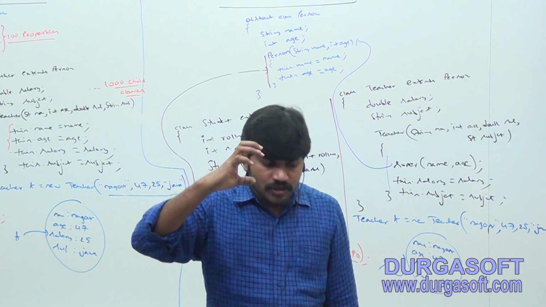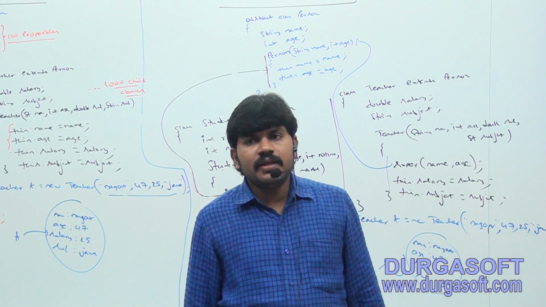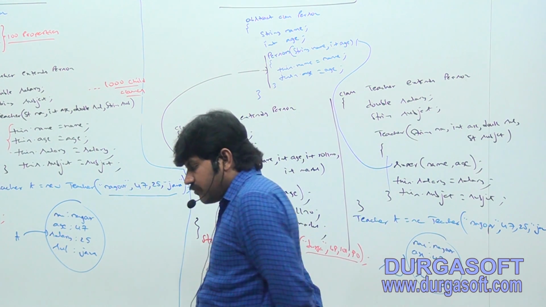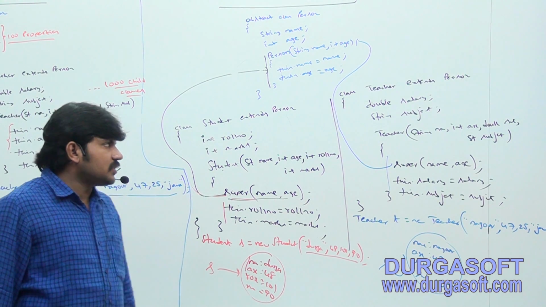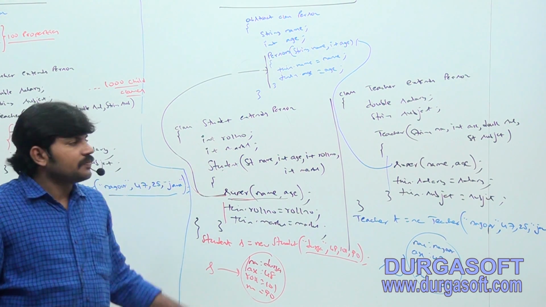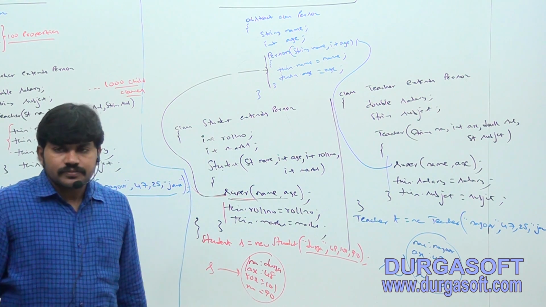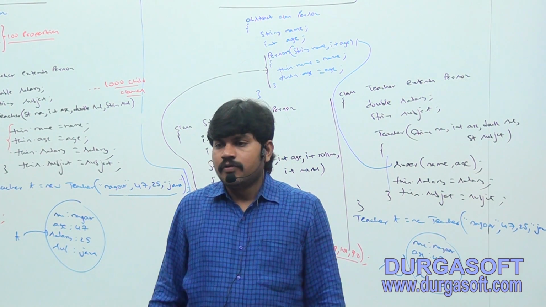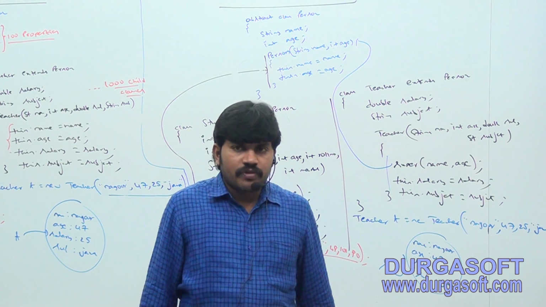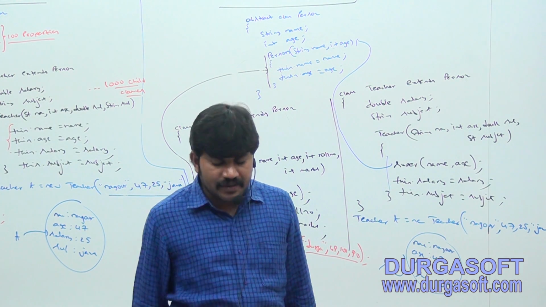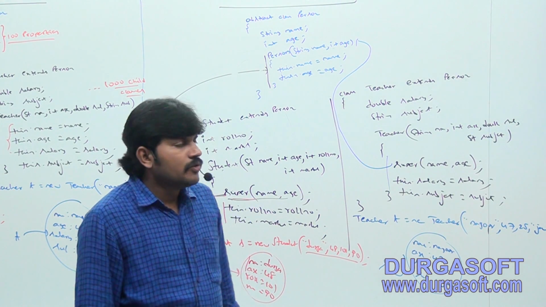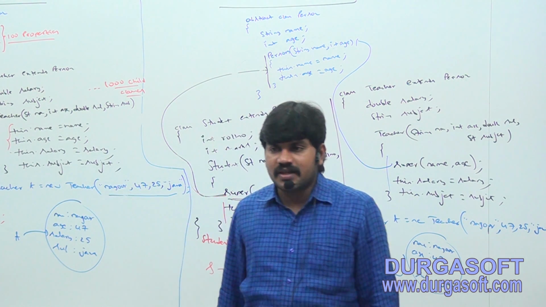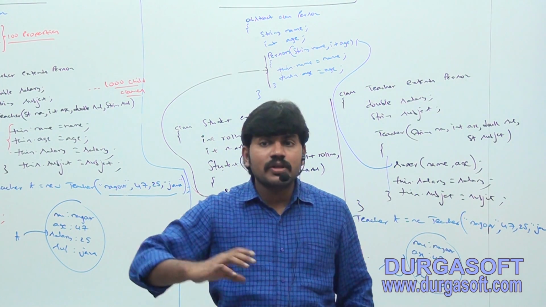Okay, yeah, the answer is: the main objective of an abstract class constructor is to perform initialization for the instance variables which are inheriting from the abstract class to the child class.